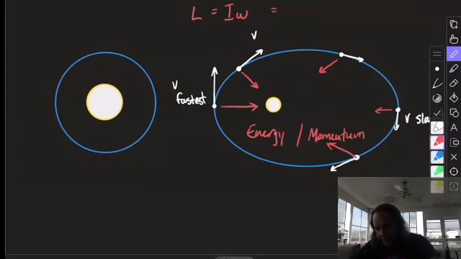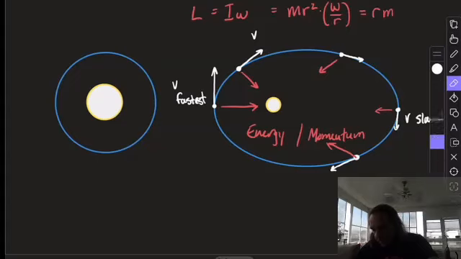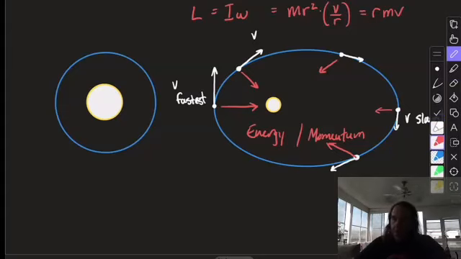So we could write this as m r squared for a point mass times v over r to get the linear velocity. It's v over r, not omega over r. That gives you r m v for the angular momentum.